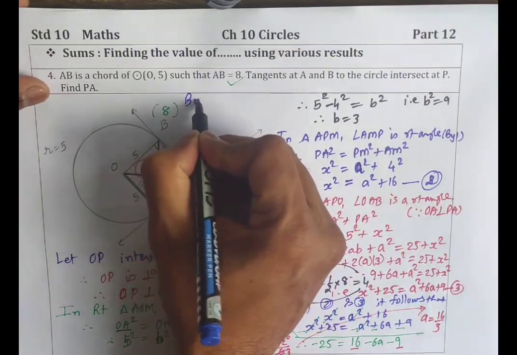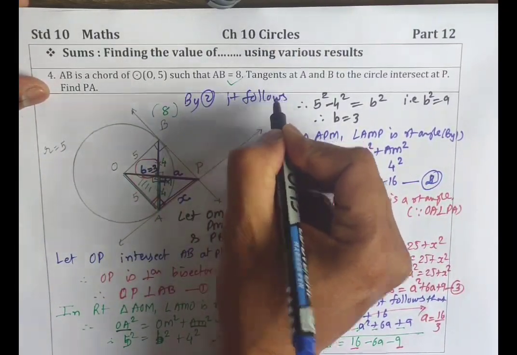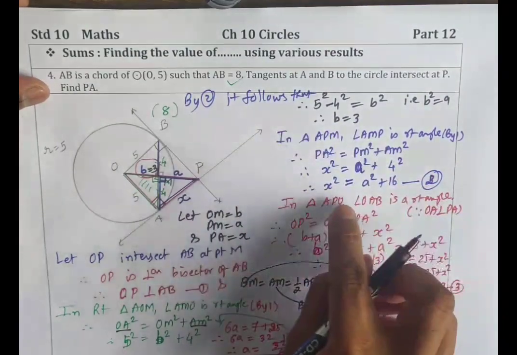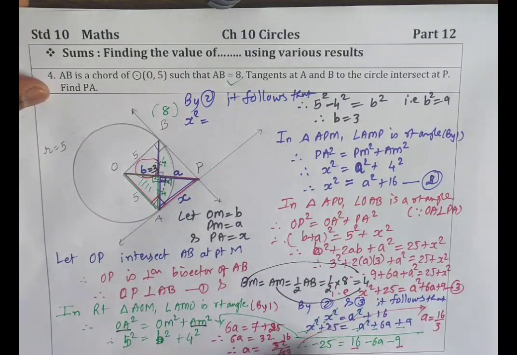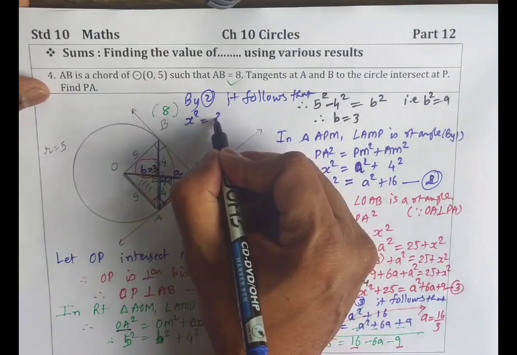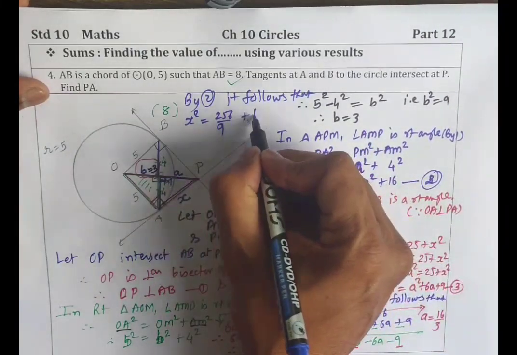So by 2, it follows that X square is equal to A square plus 16. But what is A square? 16 by 3. So squaring, it is 256 by 9 plus 16.